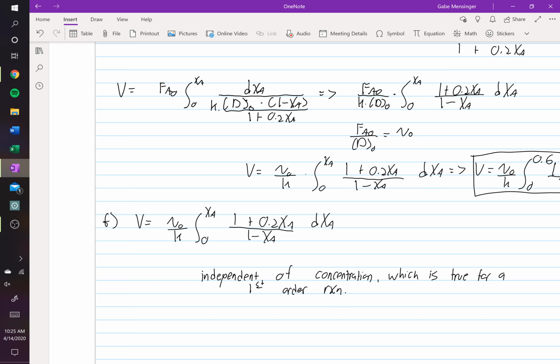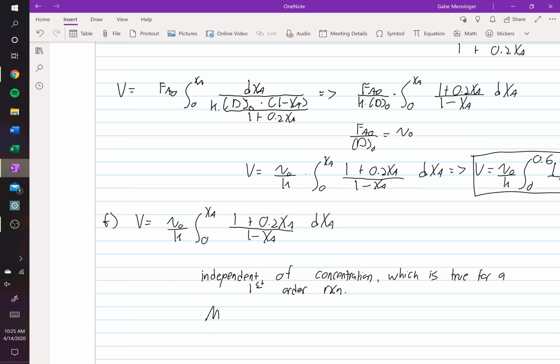The segregation model of mixing, and mixing as a whole, is something that affects concentration. And if concentration does not show up in this design equation, then we can expect that the conversion for the segregation model will be the same as the one that was previously found.